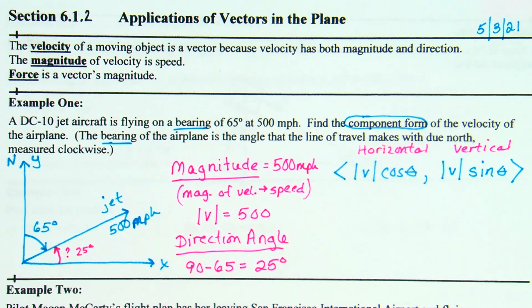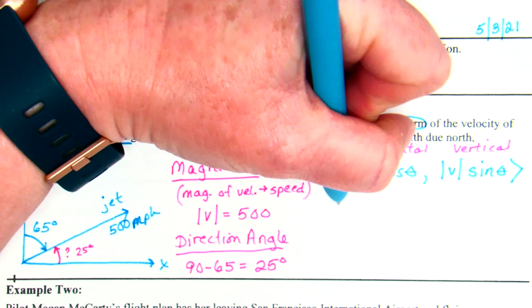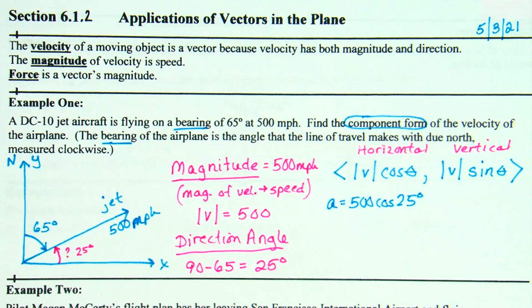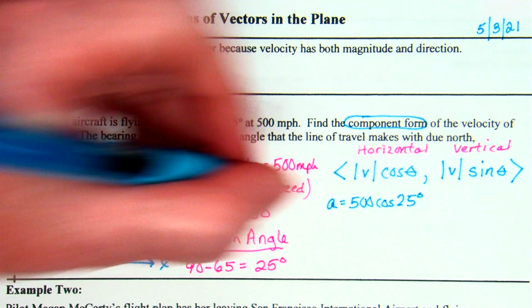Okay, so now we can work to find our component form. In order to do the first component, what we called A, we're going to do absolute value of V times cosine of 25 degrees. So 500 times cosine of 25 degrees.